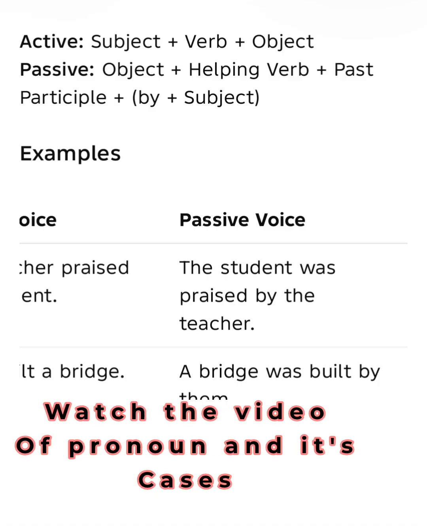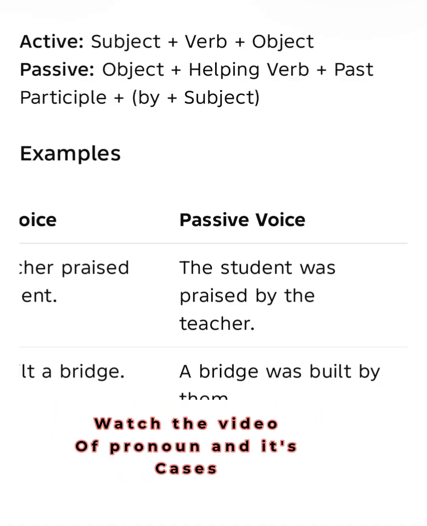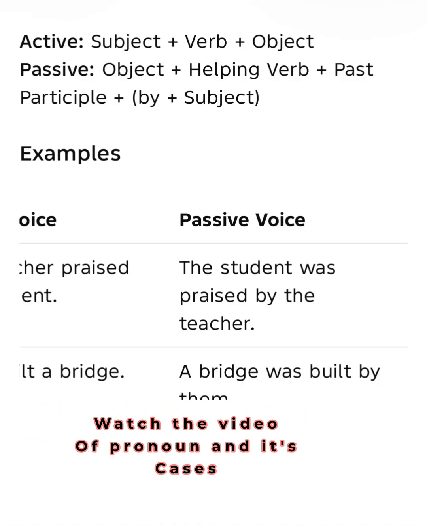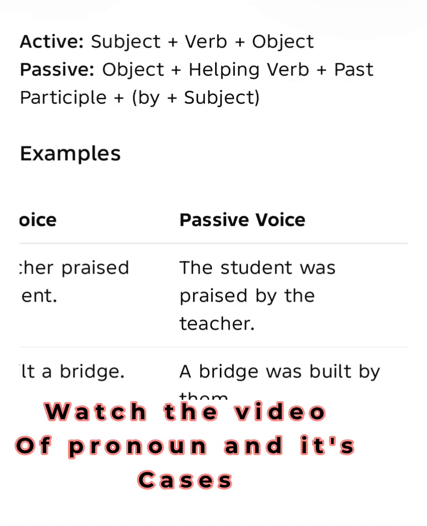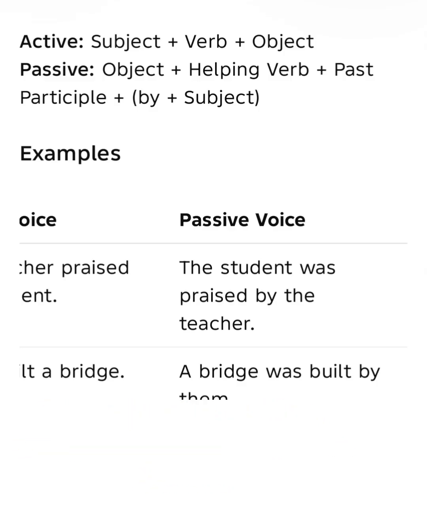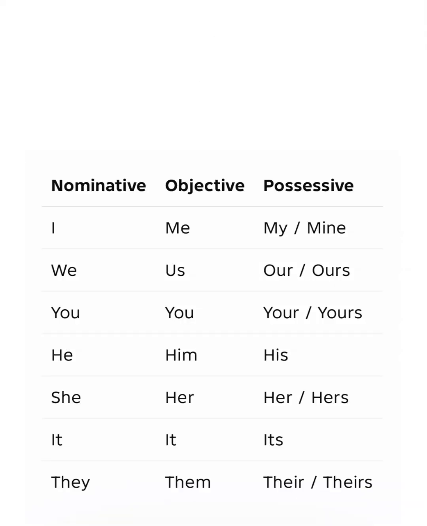Suppose my book, or her book: her is sometimes the objective case of she, and sometimes it is the possessive case. So you should memorize that. My, her, his are sometimes used in the objective case and sometimes in the possessive case.